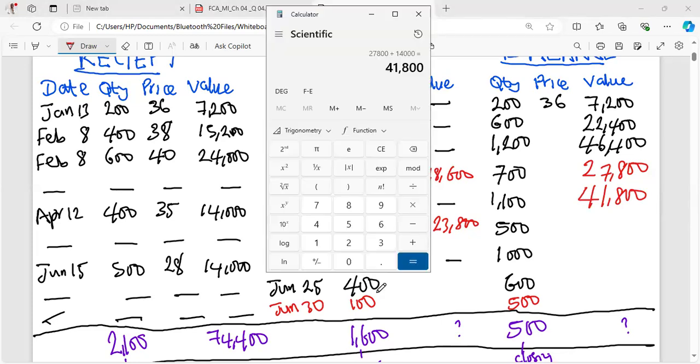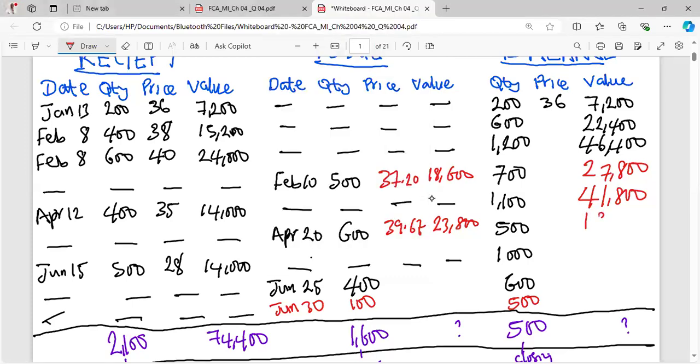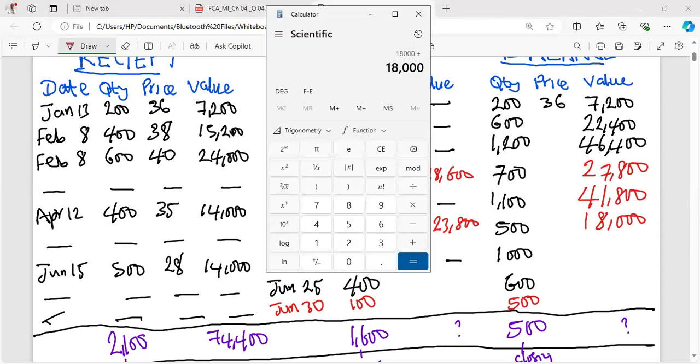41,800 minus 23,800 will give us 18,000. So here is 18,000. No price. We'll add 14,000 to 18,000. 14,000 is added.